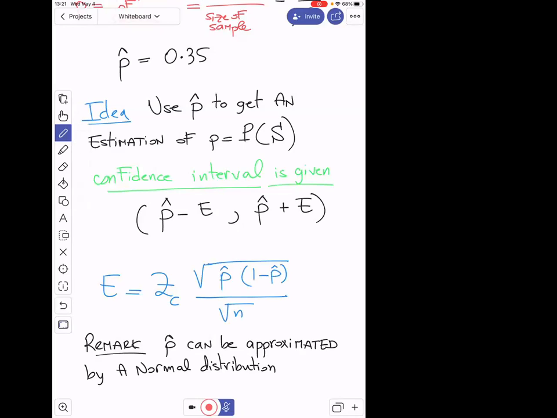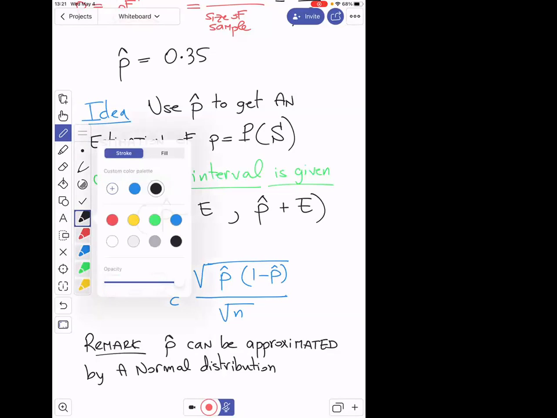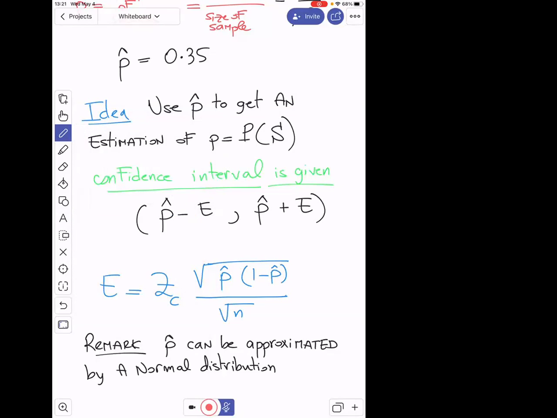Okay. And again, you just compute the sigma for the binomial distribution. Remember, we said the sigma for a binomial distribution is square root of n times p times q. So this is exactly the same thing.